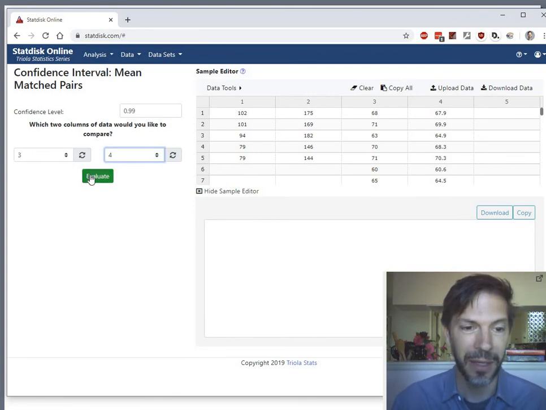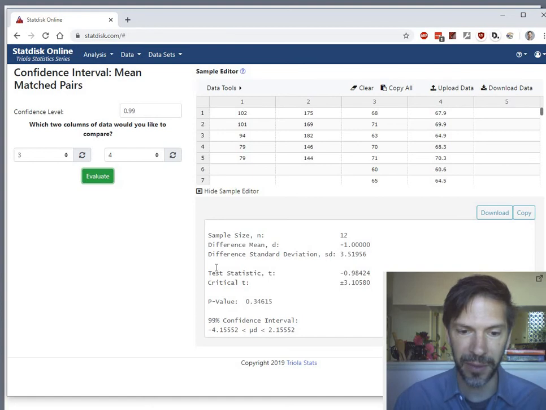Okay, so let's evaluate this one. And the confidence interval is about -4.2 to 2.2.